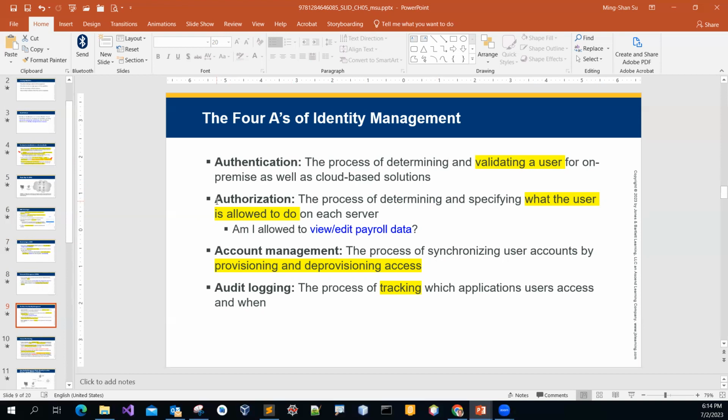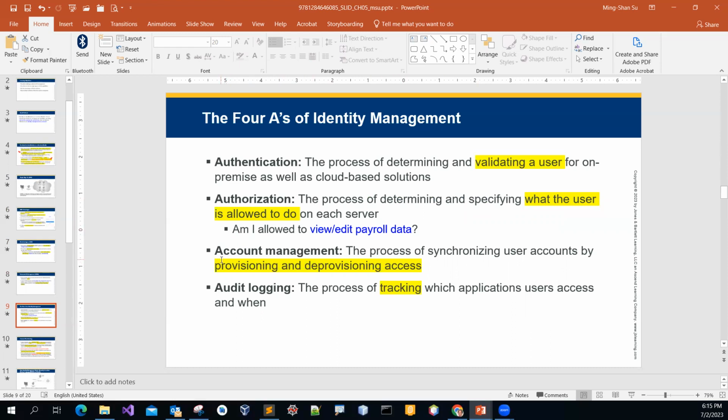And then authorization is the process of determining and specifying what the user is allowed to do on each server. So for example, am I allowed to view or edit payroll data? I'm not supposed to do that, right? Because I'm just a teaching faculty. I do not work for HR at all.